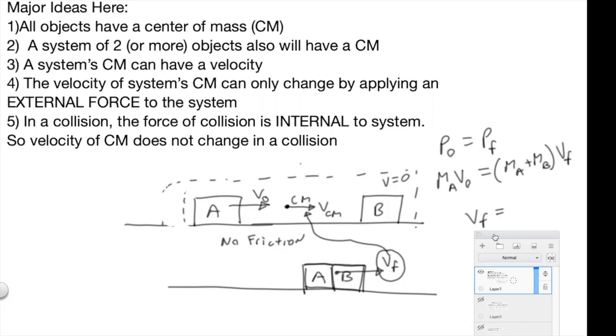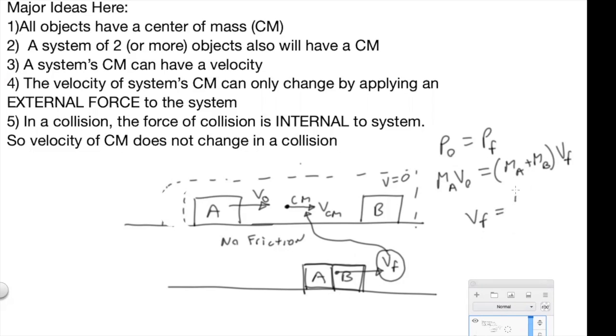So V final is going to be MA V initial over MA plus MB. The velocity got smaller. But this final velocity after the collision is going to be equal to the velocity of the center of mass before the collision. The reason for that is there was no external force. The only force present here was the force of the collision itself.